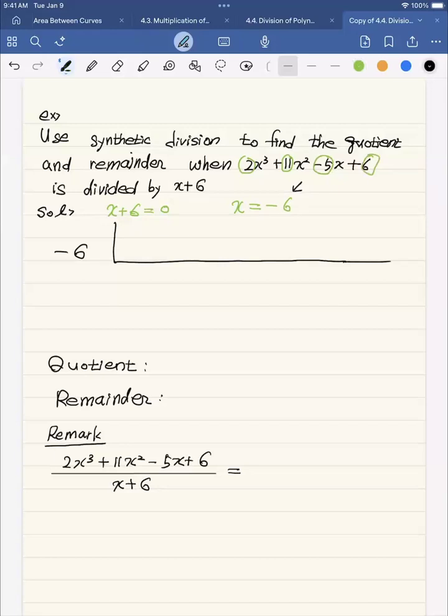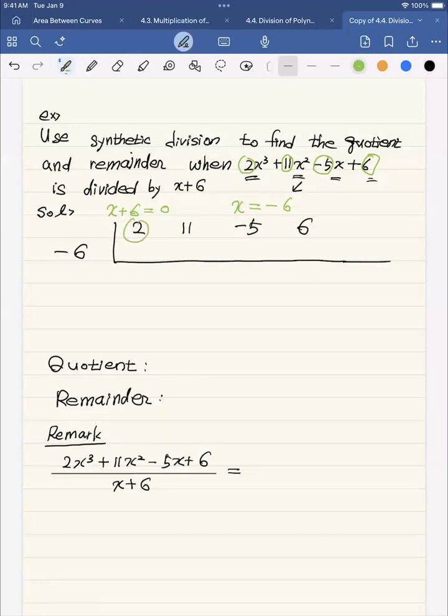It's degree 3, and degrees are organized in an orderly manner, 3, 2, 1, 0. So we copy the coefficients 2, 11, -5, and then 6.